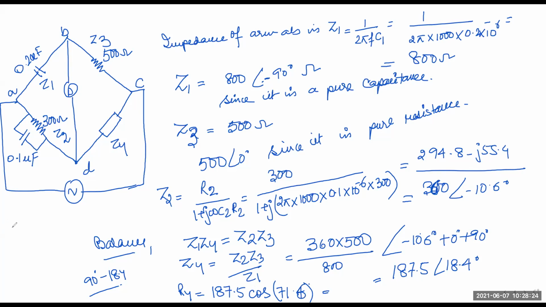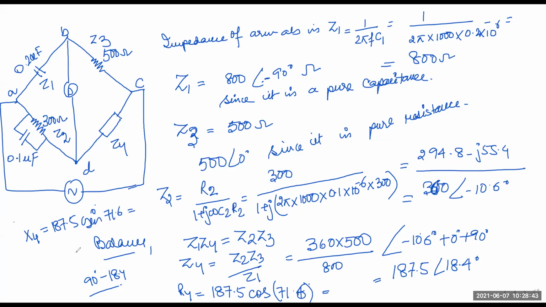Again, if you need to find out the inductive reactance, that is your X4, how you will find out this? Very simple. 187.5 sine 71.6. Okay, that will be your answer.